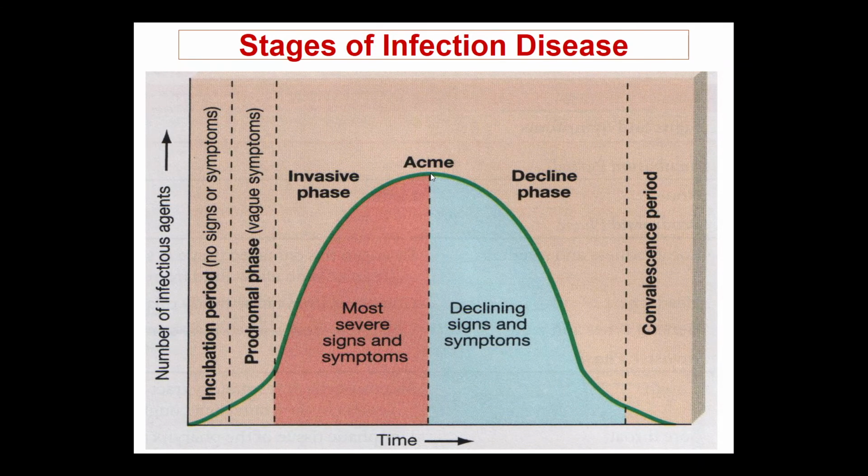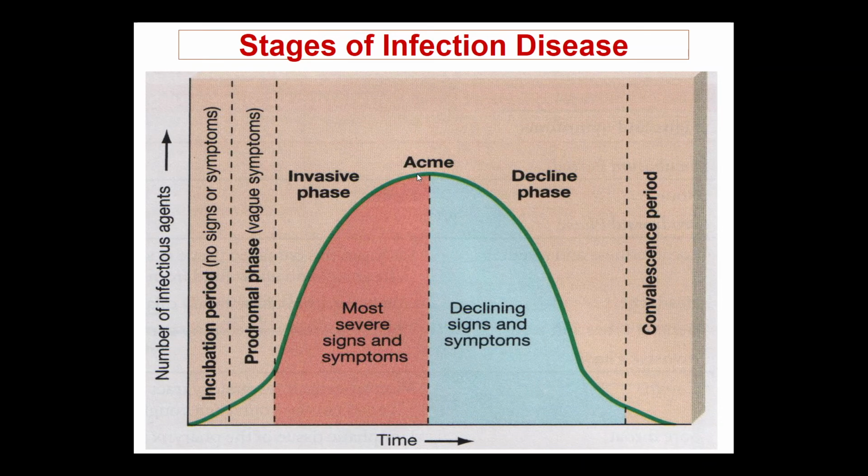After that, acme demonstrates the maximum of the concentration of bacteria, maximum in the appearance of symptoms. After acme, if the person survives, immune reactions are developed and start to influence the lowering of the concentration of microbes in the human body.